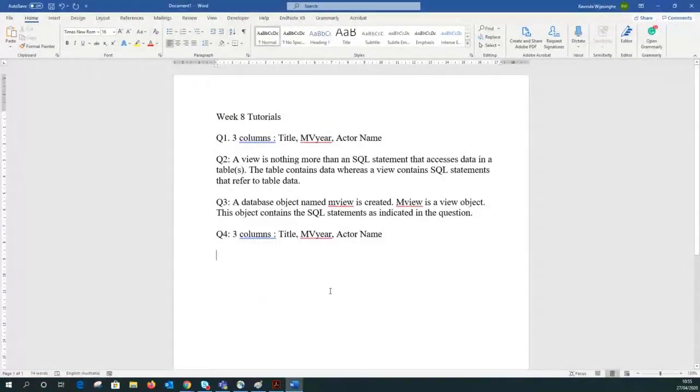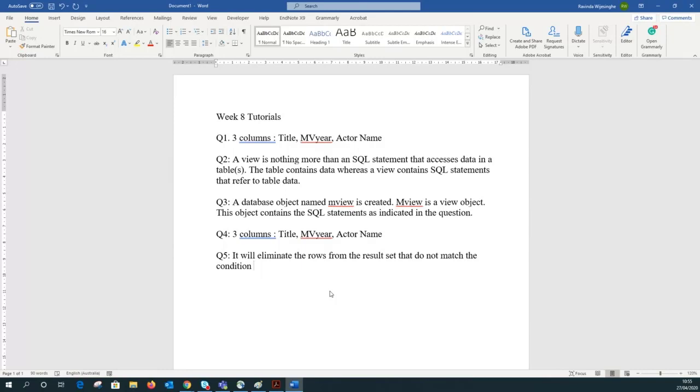Very straightforward. Now let's write the answer. For question 5, it will eliminate the rows from the result set that do not match the condition.